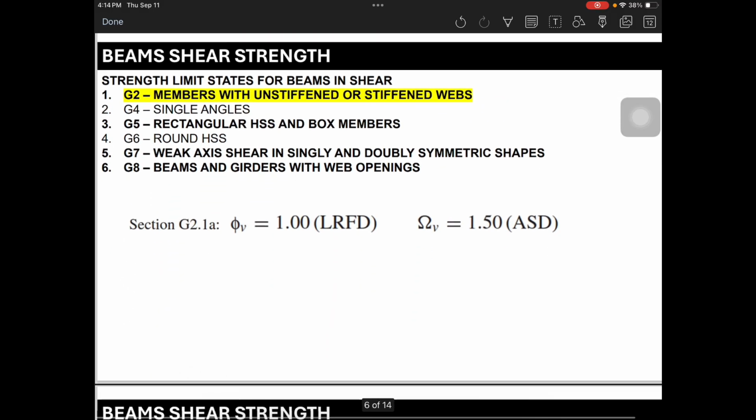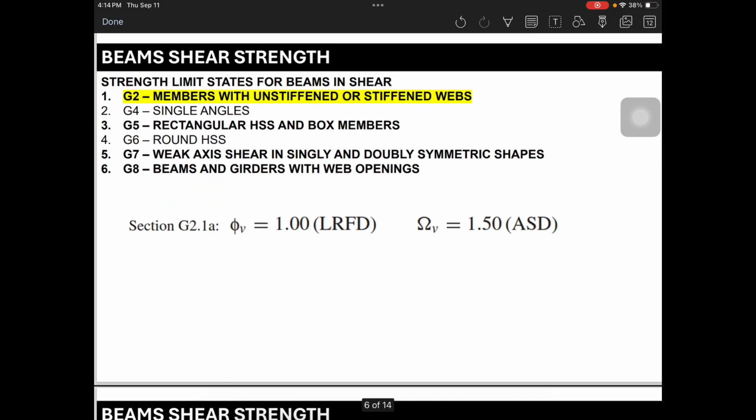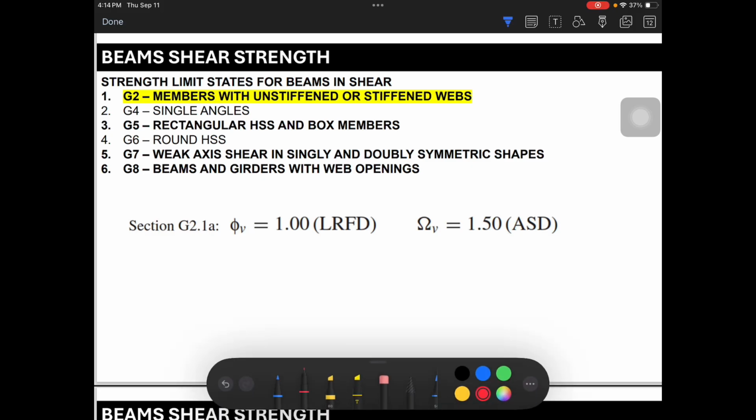So, to get the beam shear strength, meron tayong 6 na cases sa code. So, first case, G2, members with unstiffened or stiffened webs.